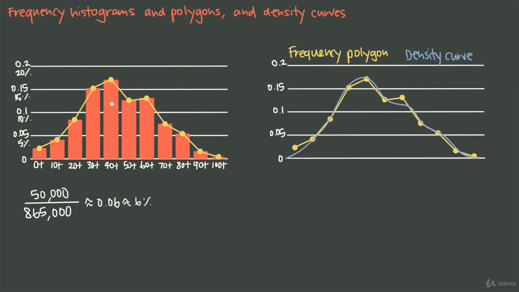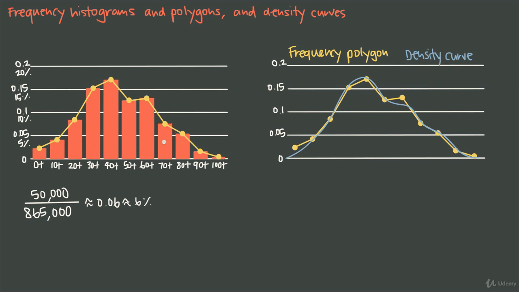Remember before over here we said the 40 to 49-year-olds made up about maybe 17% of the population, and then the 30 to 39-year-olds made up about 15% of the population. Well, if we were to add those up, 15 plus 17 is 32, so these two groups together make up 32% of the population. If we add all those bars together, we're going to get to 100%. The whole population is 100% of the population.